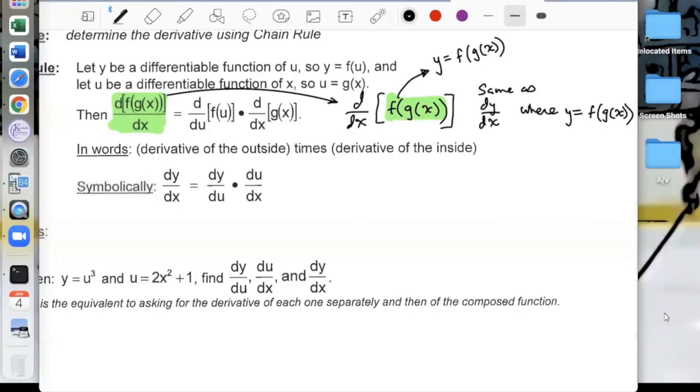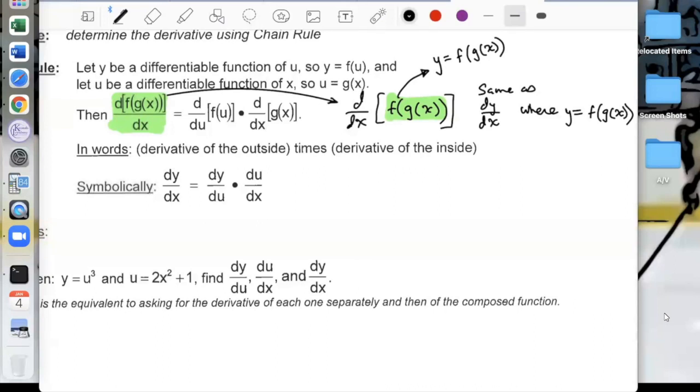But there are also techniques that allow us to find the derivatives of the decomposed functions. So basically, if I could find the derivative of the f of x function and then separately find the derivative of the g of x function, then I'll be in pretty good shape.